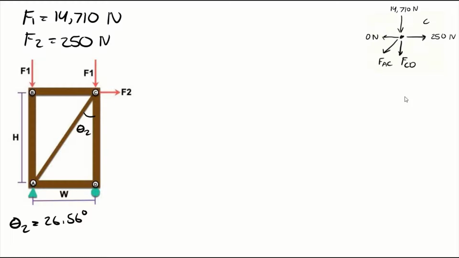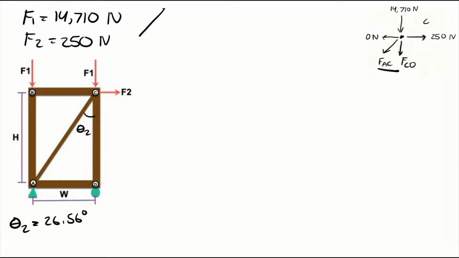So now that we know the angles for cross member AC, we can move to calculating the forces acting on joint C. First, we need to break F sub AC, this force right here, into its component forces so we can use them for summing in the Y and X directions.